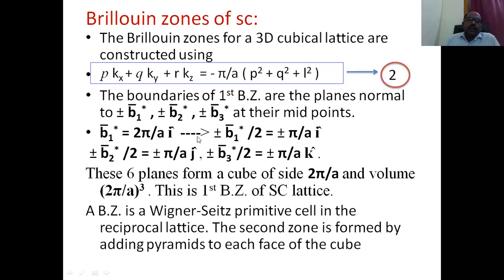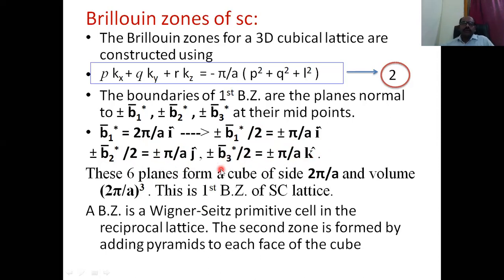We should draw the plane at b1 by 2, so b1 by 2 is plus or minus pi by a i cap. Similarly, b2 by 2 is plus or minus pi by a j cap, and b3 by 2 is plus or minus pi by a k cap.